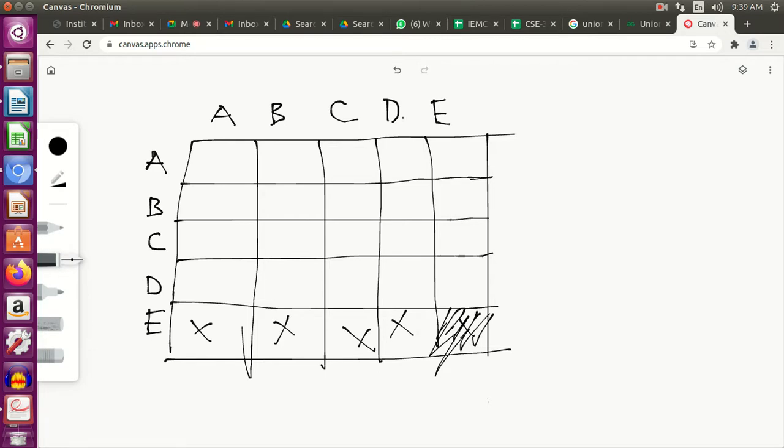Similarly, the pair DE has already been considered over here, so no need to consider the pair DE in this row. So just mark it like this. Again, DD you need not consider. Here we will just consider the portion below the diagonal.